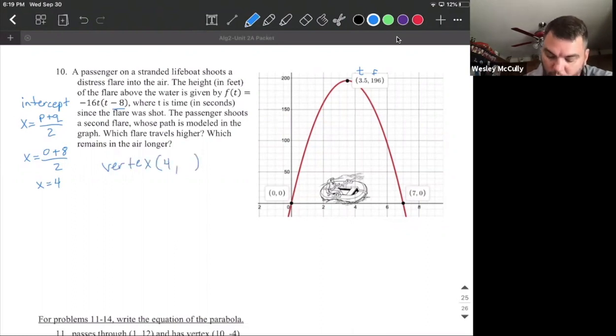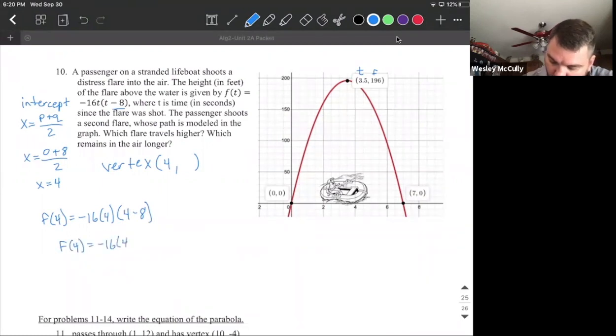And now to find the y value of the vertex, we will plug 4 into the equation. So f of 4 is equal to negative 16 times 4 times (4 - 8), which is negative 16 times 4 times negative 4. So f of 4 is equal to negative 16 times 4, which is negative 64, and negative 64 times negative 4 is positive 256.